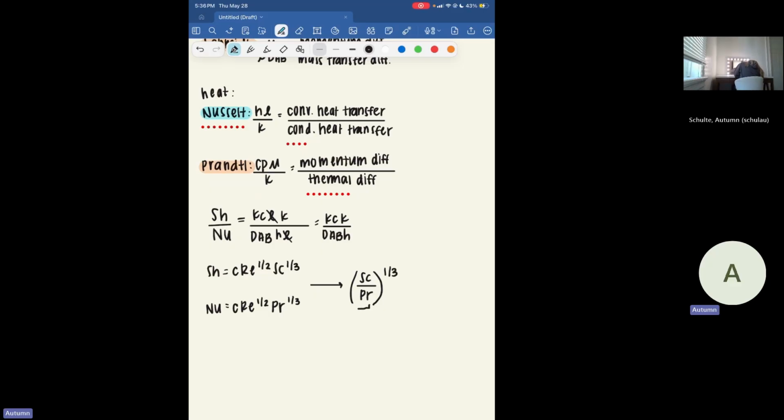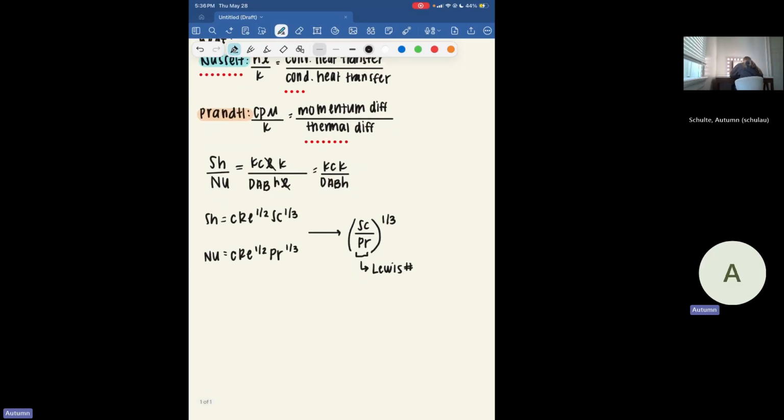And this value inside here is actually our Lewis number, which would be approximately 1 for water vapor, which will be useful here in a second.